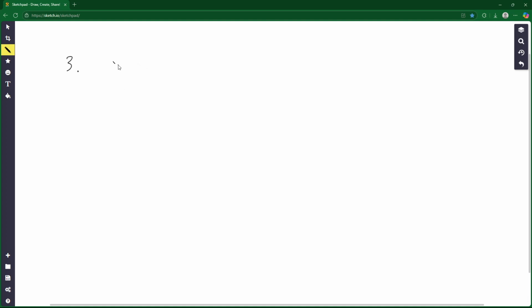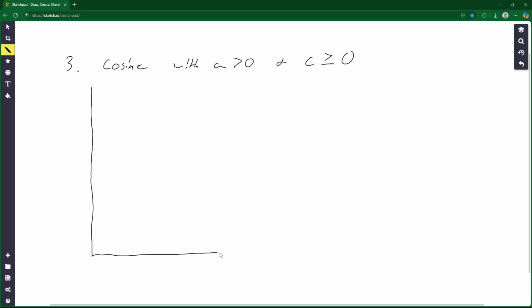So we are given cosine with a being greater than 0 and c being greater than or equal to 0. So let's go ahead and draw our graph. I'm going to have something like that.